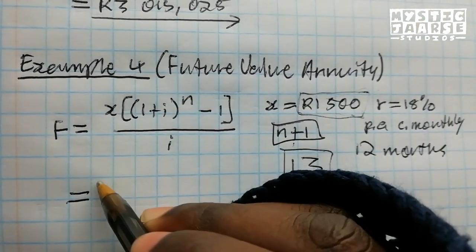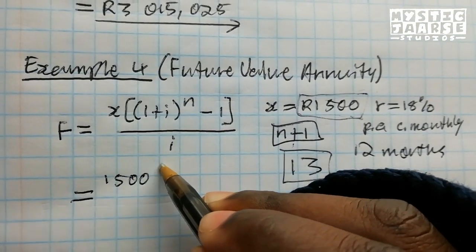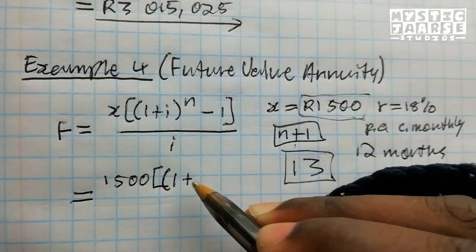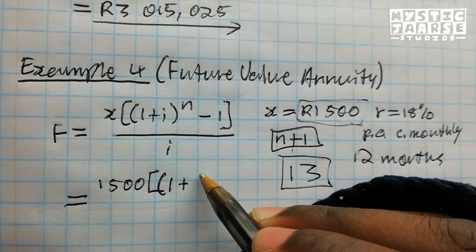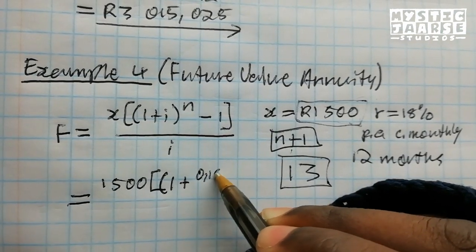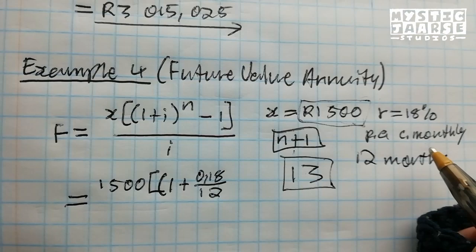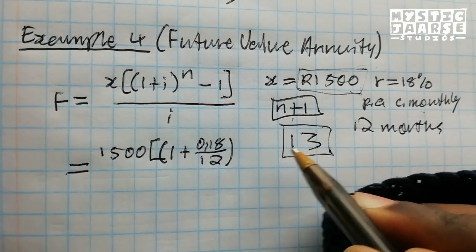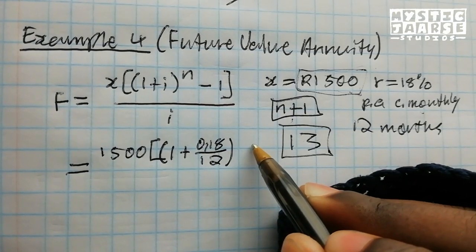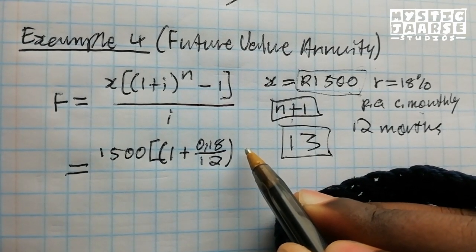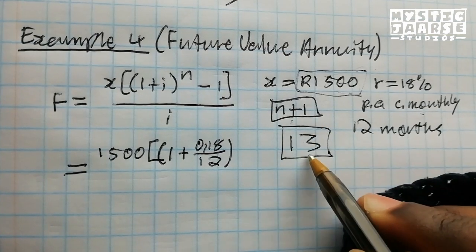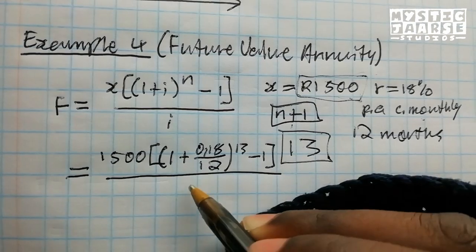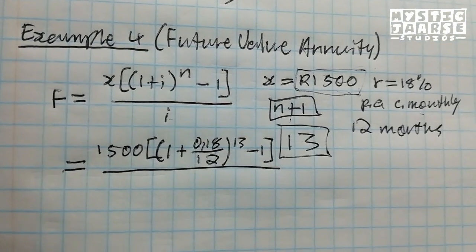We have 1,500 rands as the amount they pay regularly to this account, into (1 plus interest rate), which is 18% divided by 100, we get 0.18, divided by compounding frequency 12, because they said monthly, to the power of 13, or I was going to say n plus 1, and our n is 12 plus 1, which gives us 13. 13 minus 1, all divided by interest rate as a decimal.